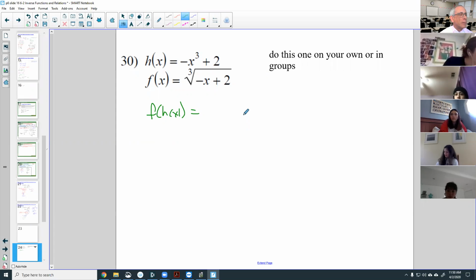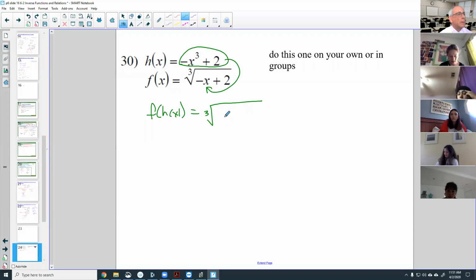You're putting h into that one, so it'd be the cube root of negative, and then parentheses negative x cubed plus 2, and then close parentheses plus 2. And that's all under this cube root, right? Yeah. Okay. Can you work it from there?